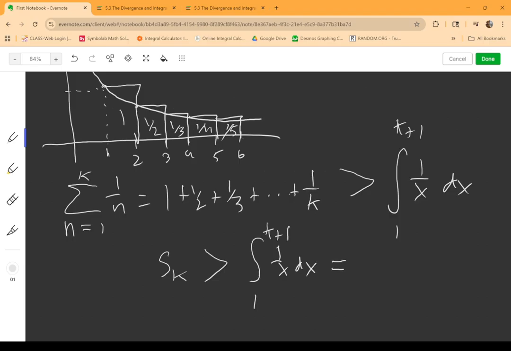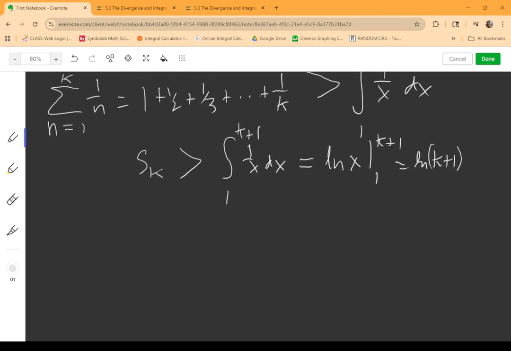Which again, the straightforward integral is the natural log of x evaluated at k plus 1, which is just equal to ln of k plus 1, since ln of 1 is 0. So now what we've established is that the kth partial sum is bigger than the natural log of k plus 1. So now we can treat this almost like an improper integral.